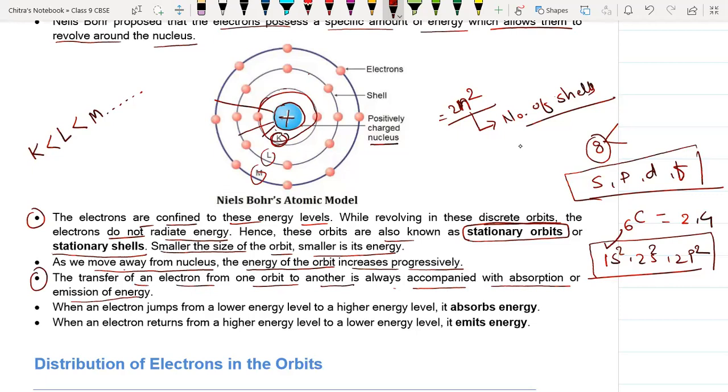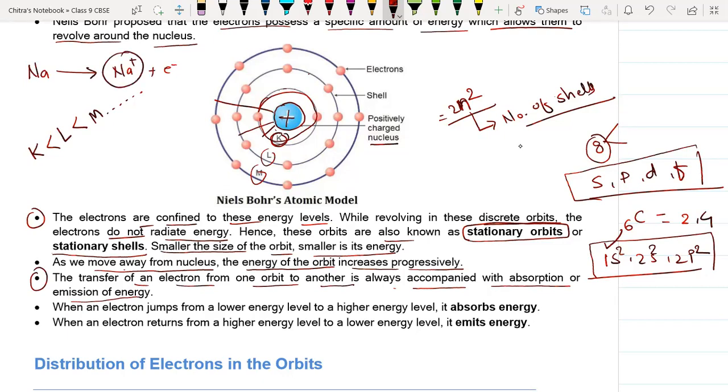Suppose we consider the formation of sodium chloride. Sodium will lose an electron, and chlorine will gain one electron, forming Na positive ion.